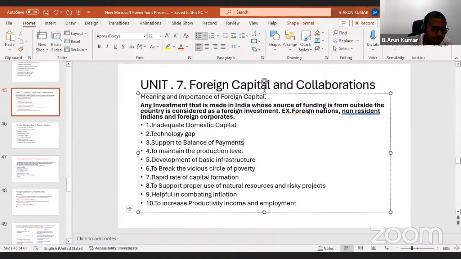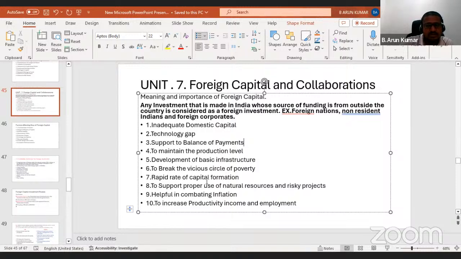Helps in combating inflation. Underdeveloped countries generally suffer from inflationary pressures during the initial stage of development. During that stage, we receive so much investment from foreign countries.